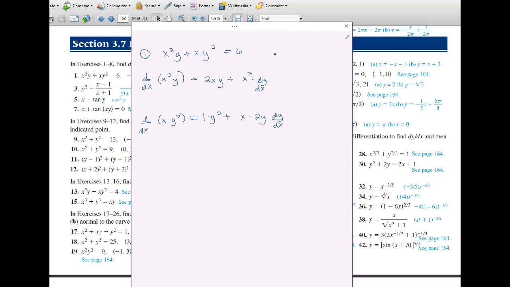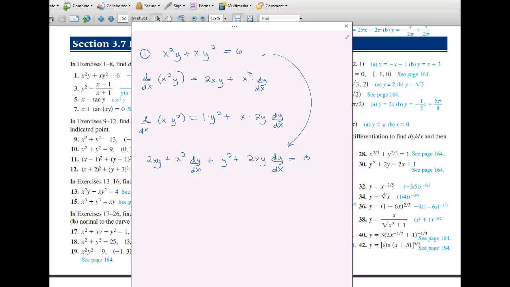So now let's write it all out. 2xy plus x squared dy dx plus y squared plus 2xy dy dx, and derivative of 6 is 0. The only thing I did was get rid of the 1, and I made x times 2y 2xy.